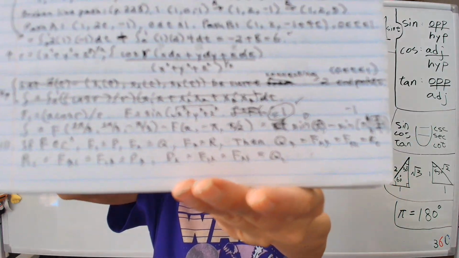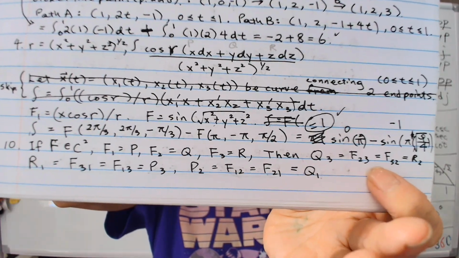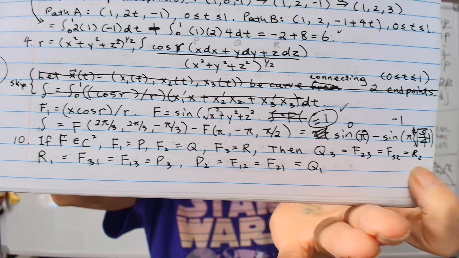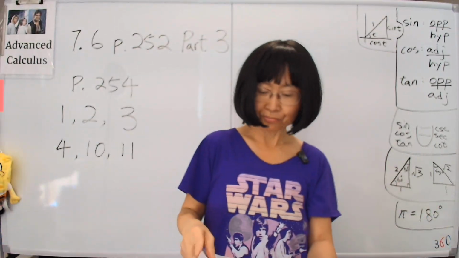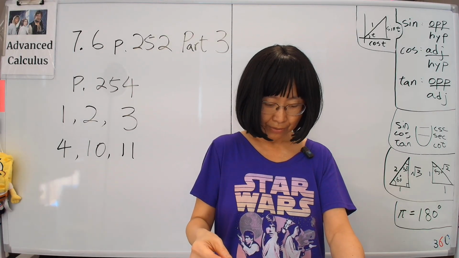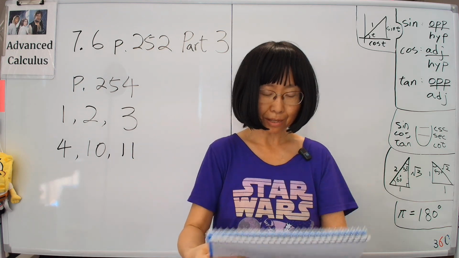So I have it written out here. As you notice, Q3 is F23, which is F32, which is R2, and so on. So problem 10 is a really quick problem.